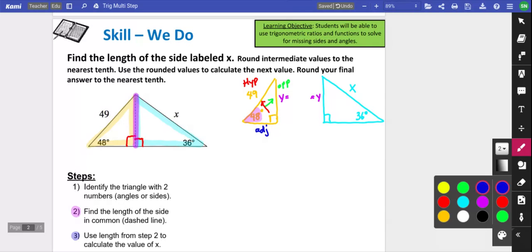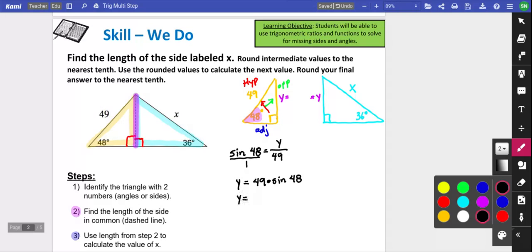So based on the numbers that we have, we are going to be using sine. Sine of 48, which is equal to the opposite, y, over the hypotenuse, 49. Make sure that we have dividing by 1 on the left so we can cross multiply. 1 times y is y, and we get 49 times sine of 48.